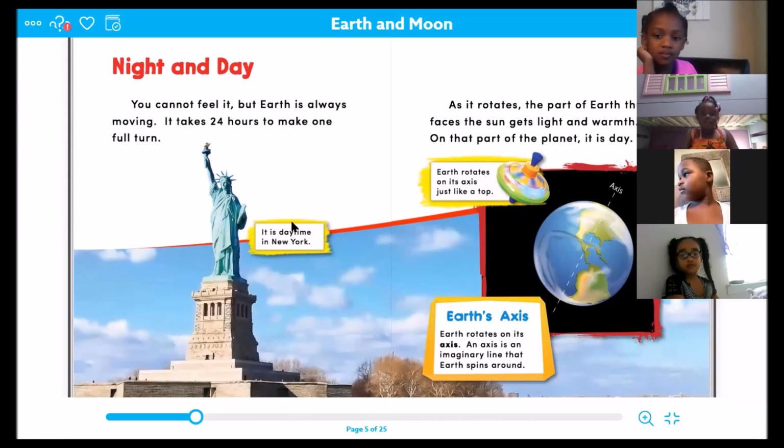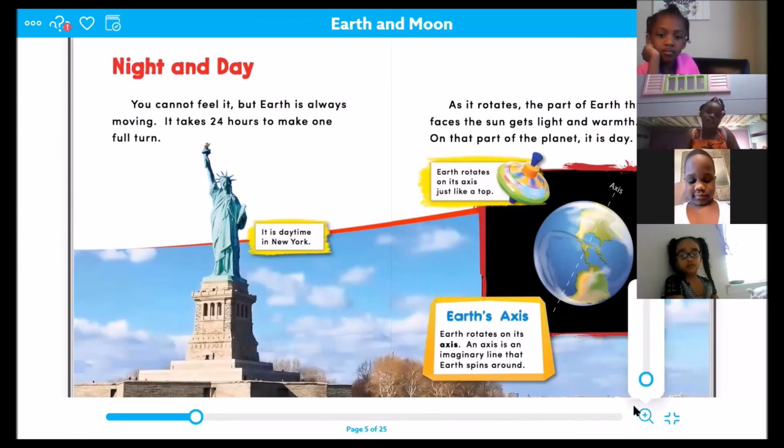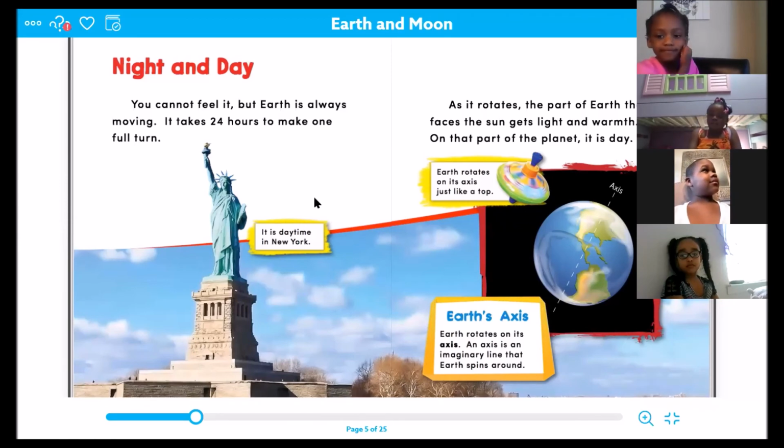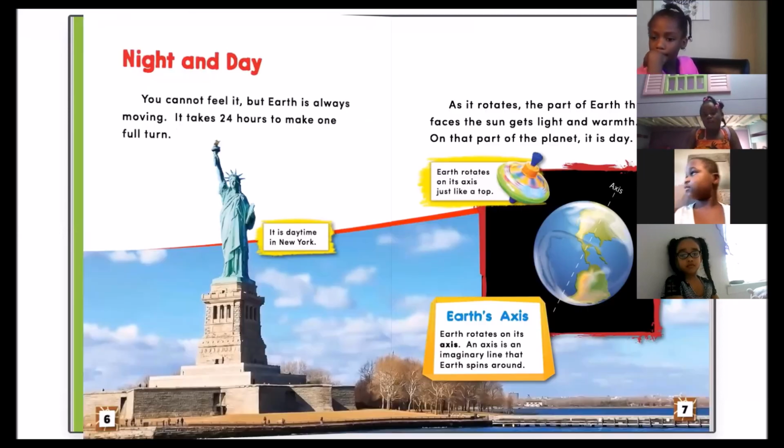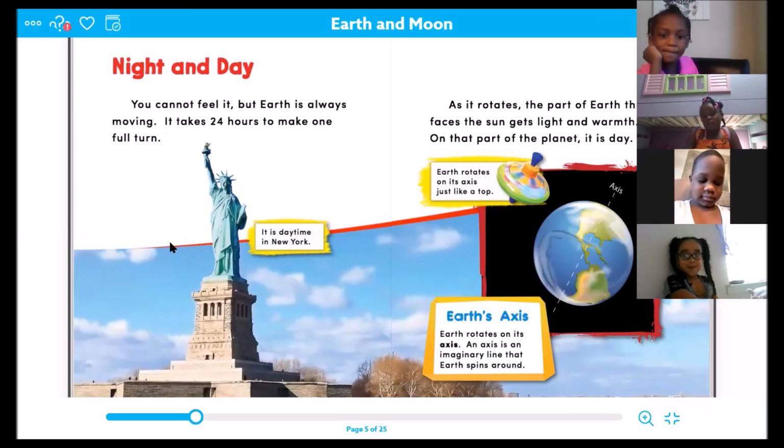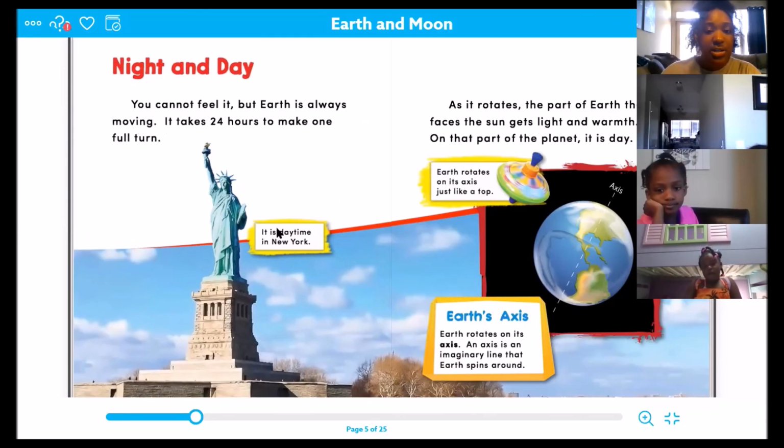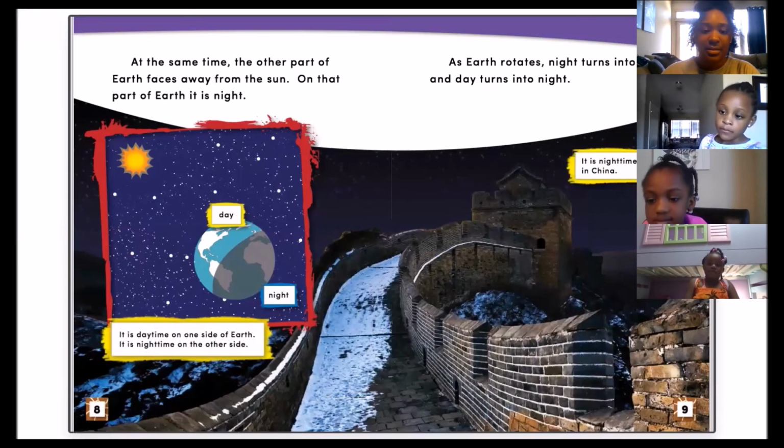But here, guys, I wish I could mark on here. Here we have captions. Uh-oh. We have captions. You see these little words by these pictures? Yes. They're telling us what's going on in that picture. Okay? Yes.